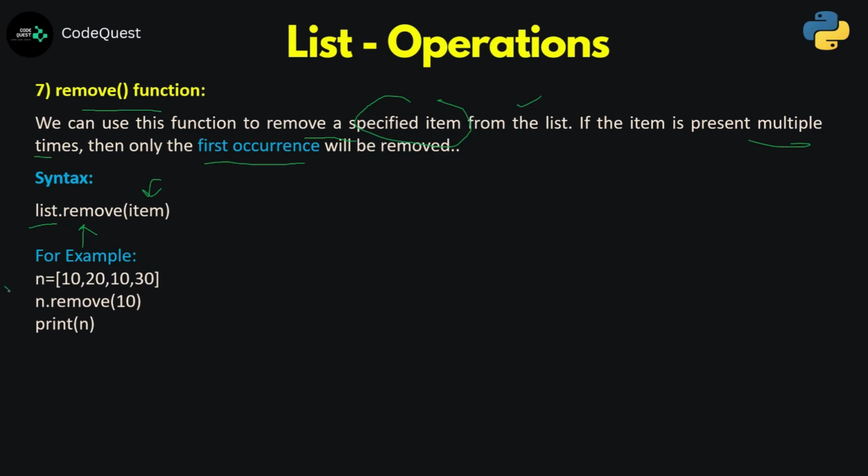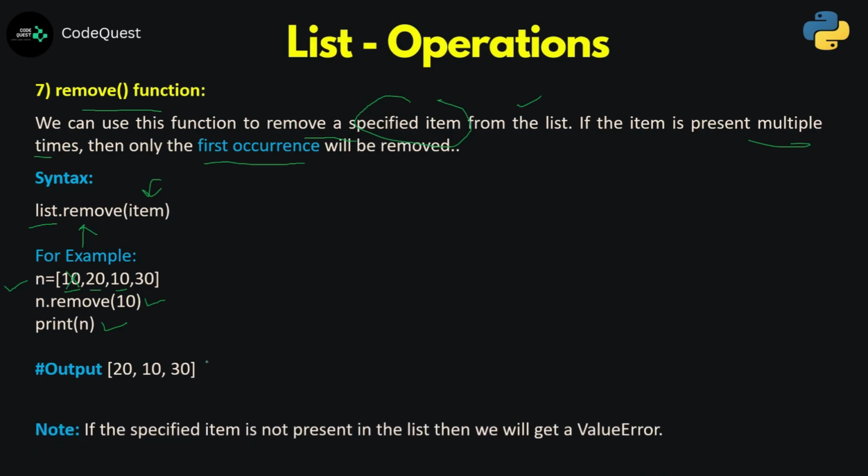Imagine we have taken a list n holding certain elements. Now I am trying to remove 10. Because we observe 10 is appearing twice here, the first occurrence will be removed. As a result, when I print the list, I will be getting the remaining elements, that is 20, 10 and 30.